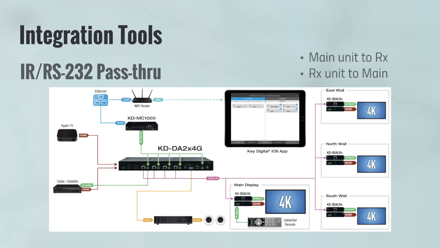This is what is depicted here at the bottom center of the screen, where the main display collects line of sight IR from a remote, which then has the IR emitter connected at the connected source cable satellite box. We do include IR sensors and emitters in the KD-DA2x4 2x8G packaging.